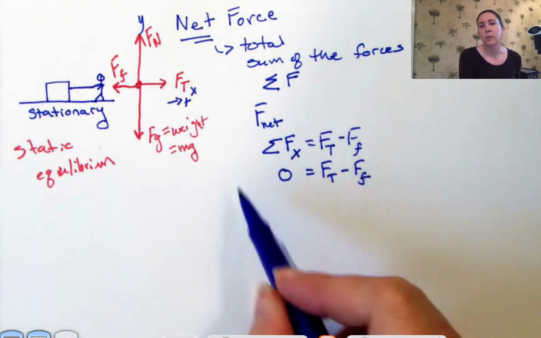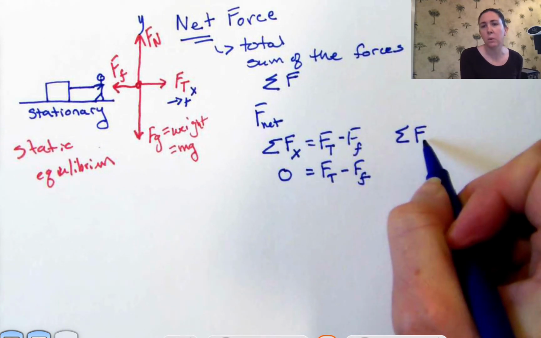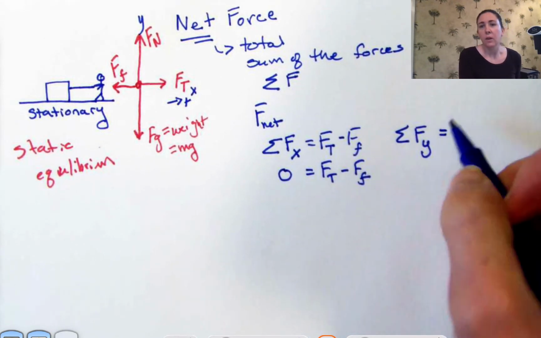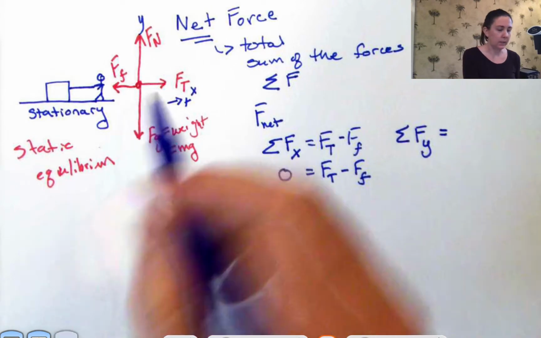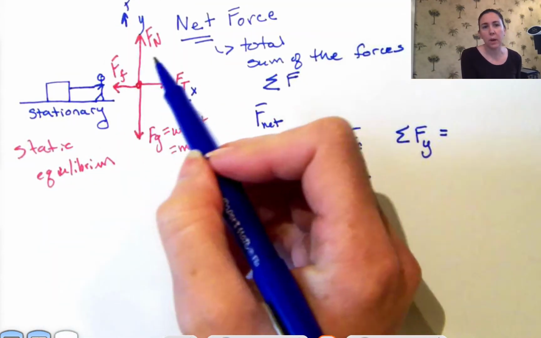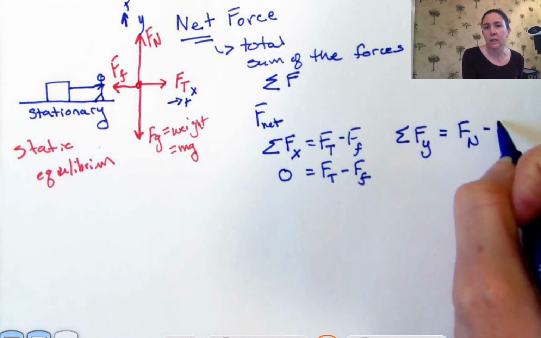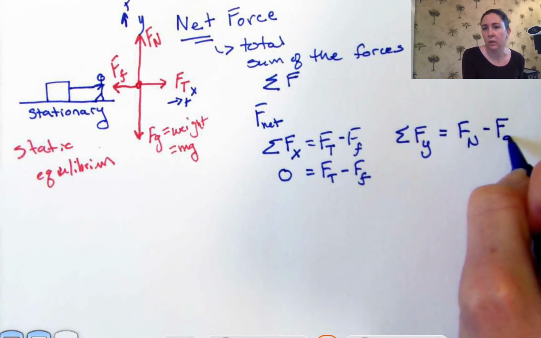We sum the forces in the x direction, then we sum the forces in the y direction. We'll call up positive. So we have the normal force in the positive y direction, and then the force of gravity is in the negative y direction.